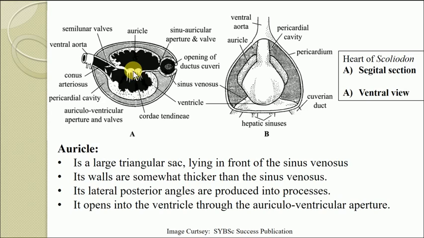Once this aperture opens, whatever blood is contained in the auricle enters the ventricle, and once it has entered the ventricle, it never comes back into the auricle. That backflow is prevented by the bilabiate valve present between the auricle and ventricle. So this is about the second chamber, the auricle.